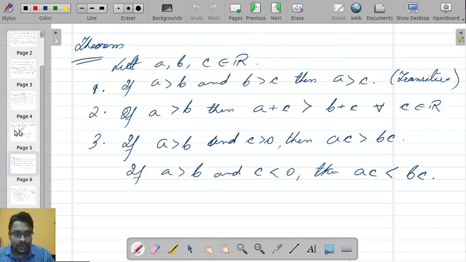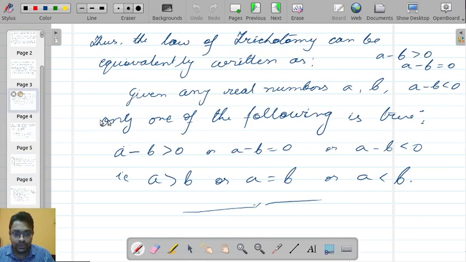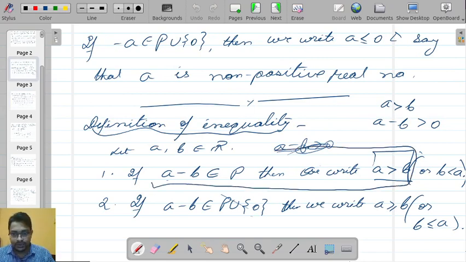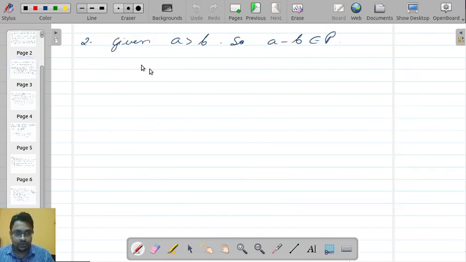If I want to show that A is greater than B, I will always use this definition: A is greater than B means I have to show that A minus B belongs to P, that A minus B is positive. So I will try to show that (A plus C) minus (B plus C) is positive. If I can show that this also belongs to P, then we are done.